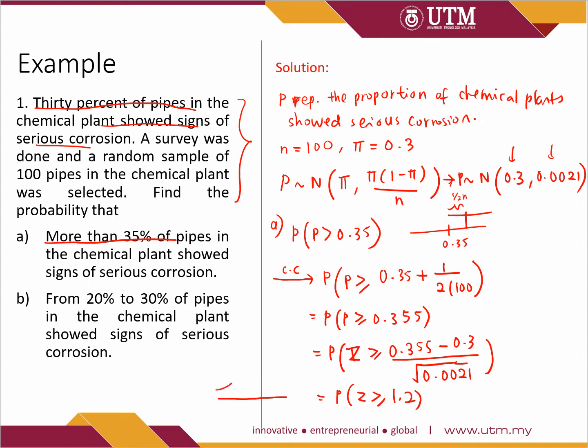The area we need to consider is this. From the table, you have to find 1 minus the probability of Z less than or equal to 1.2. So you will get 0.1151. So that is how we solve for question A.